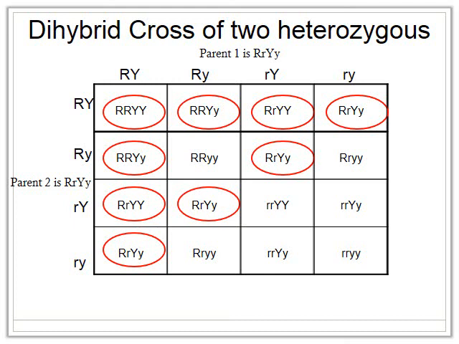there are 9 possible round yellow offspring, because big R is round, big Y is yellow, and so all of these are going to create the phenotypes of round and yellow, and there are 9 of them. There are 3 round green.